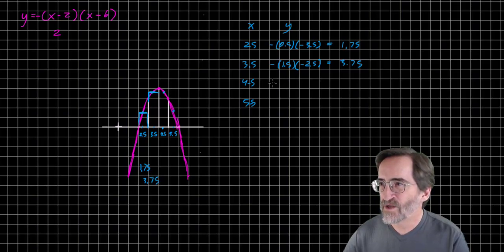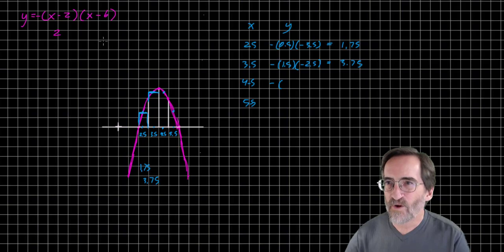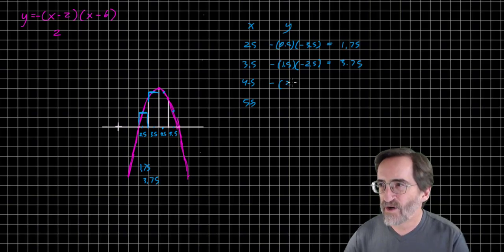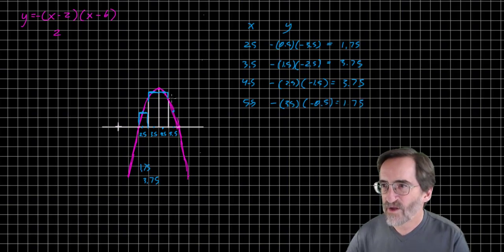Okay, the next one. 4.5 minus 2 is 2.5. And 4.5 minus 6 is negative 1.5. That's going to be positive 3.75. And then 5.5. 5.5 minus 2 is 3.5. And 5.5 minus 6 is negative 0.5, which is 1.75, or 1 3/4.